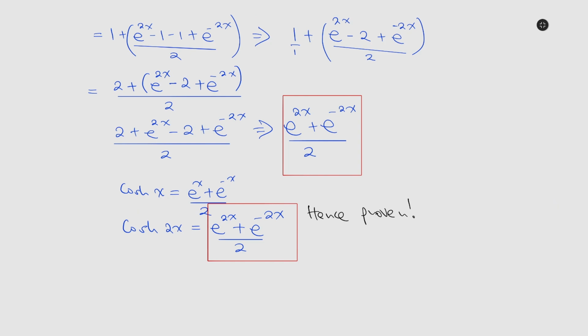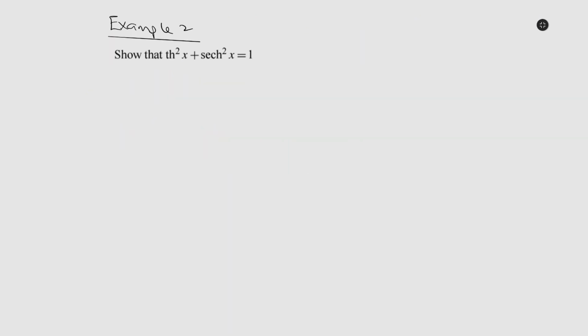Let's check another example, example 2. Here is our example 2. We are asked to show that tan squared x plus sec squared x is equal to 1. At least we can work with the left-hand side.